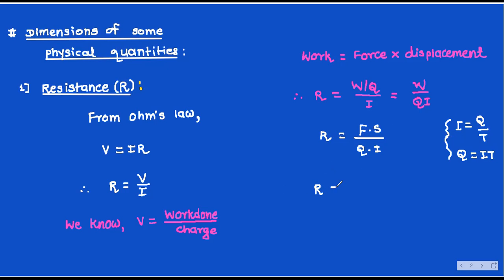R = force dimensions, which we already know, M¹ L¹ T⁻², into displacement, which is length, divided by Q, that is IT, into I. Our dimensions will be like this, M power 1.